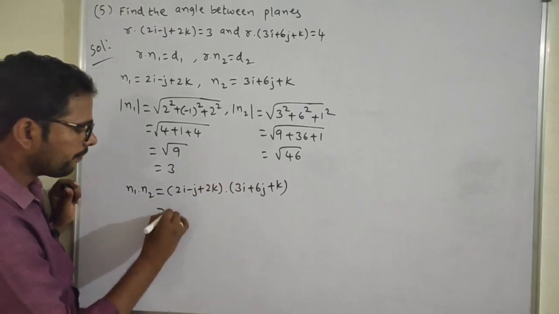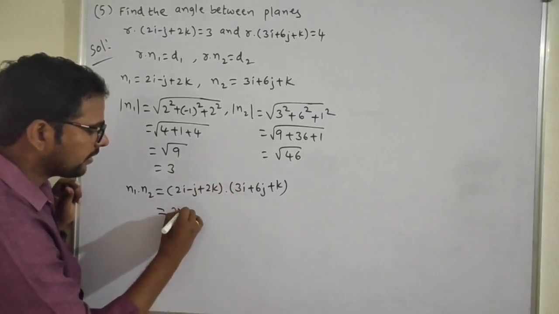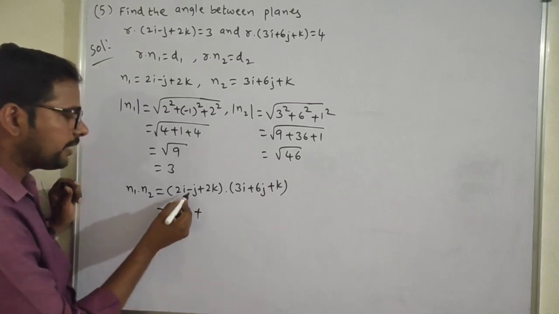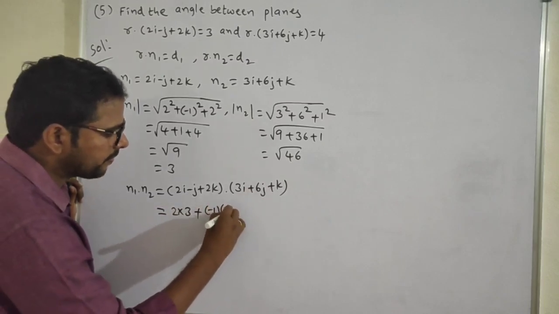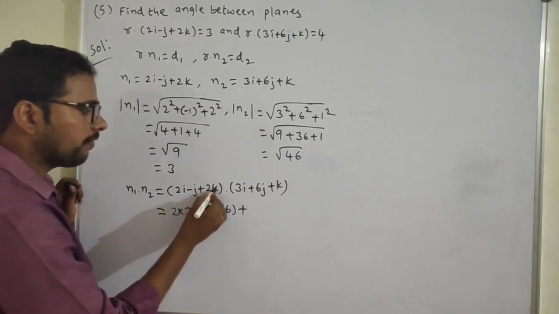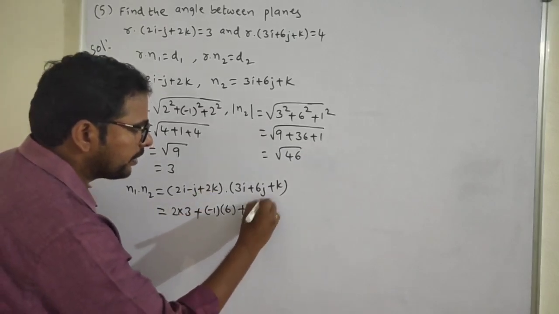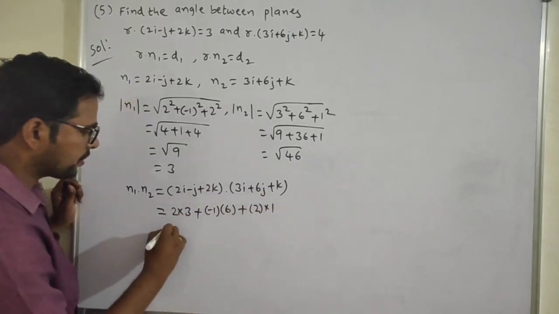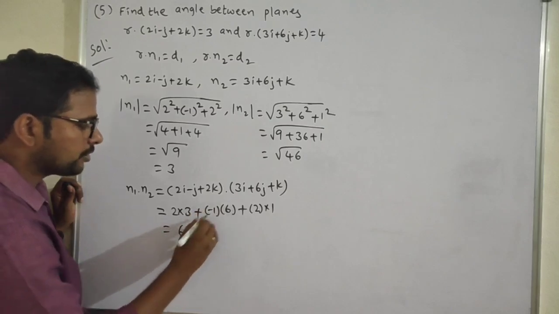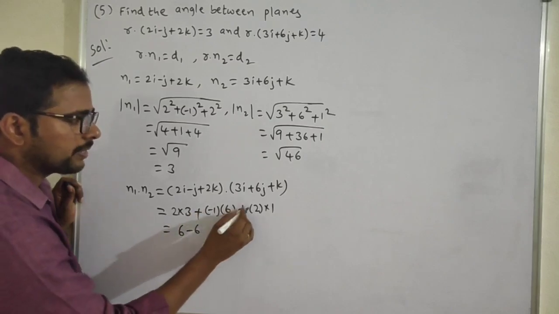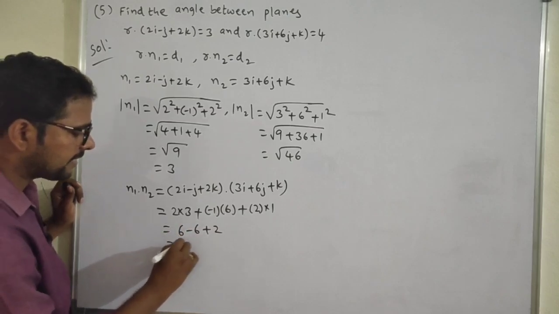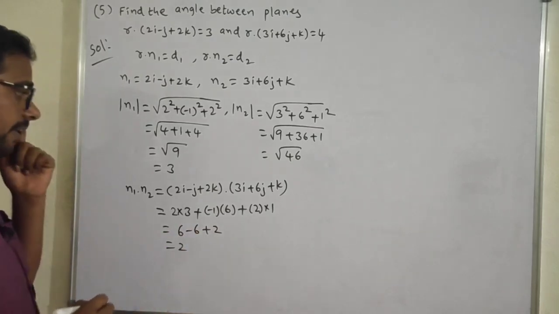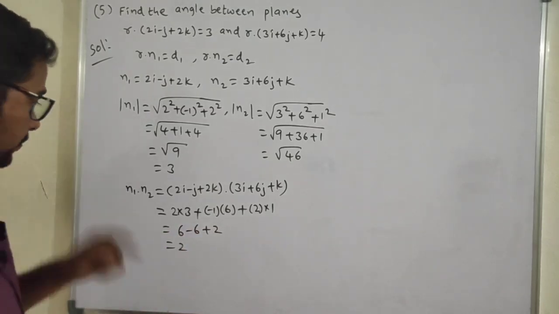So here, 2 into the i coefficient 3, plus the j coefficient minus 1 into the j coefficient 6, plus the k coefficient 2 into 1. 2 threes are 6, plus minus 6, plus 2 ones are 2. Plus 6 minus 6 cancel, remaining 2. So n1 dot n2 is equal to 2.